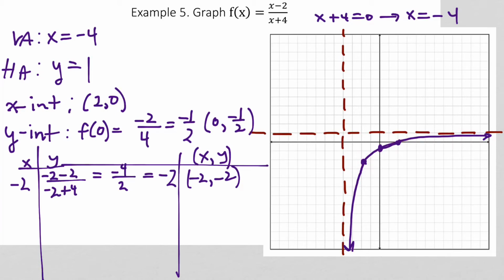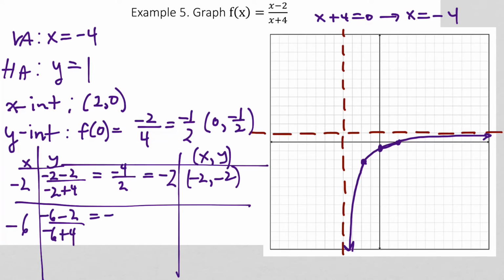All right, now let's see what it does on the left side of this vertical asymptote. It's going to split here. So we want to know, is it going to go like this in that quadrant, or is it going to go like this in this quadrant? So let's pick a couple points. This is negative 4, so maybe negative 6. Let's try that one and see where that goes. If I plug in negative 6, I've got negative 6 minus 2, and negative 6 plus 4.